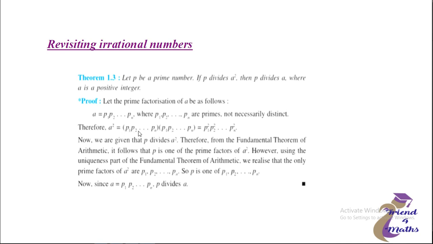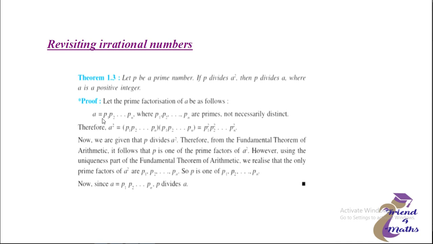If these are the only prime factors of a square, and we have here that p is also a factor of a square, then from these two cases we can say that p definitely belongs to this group. If p divides a square, p is also a factor of a square. And if p belongs to this group, what is this p1, p2, etc. up to pn? That is actually a.